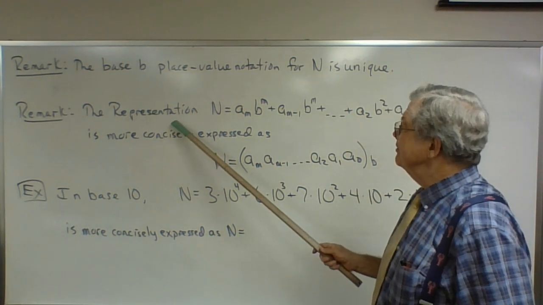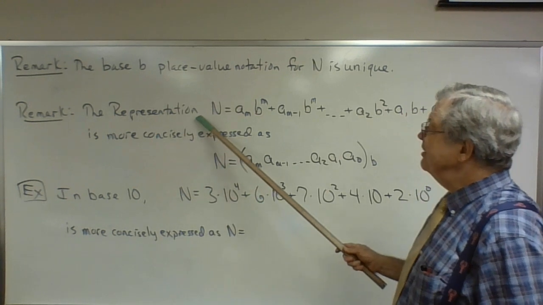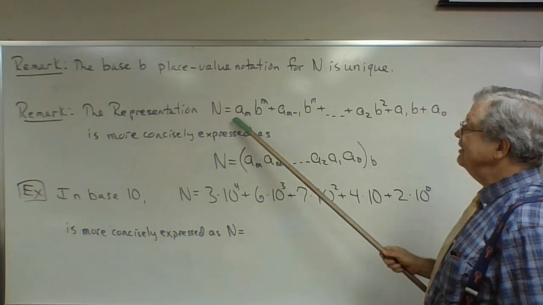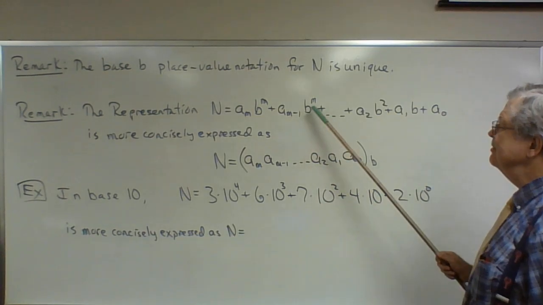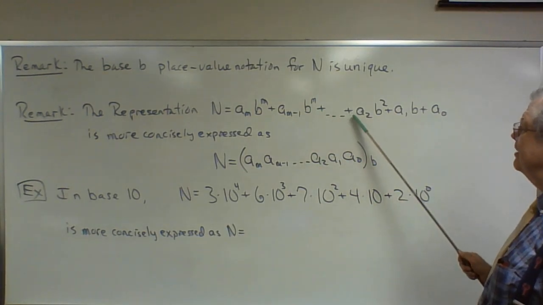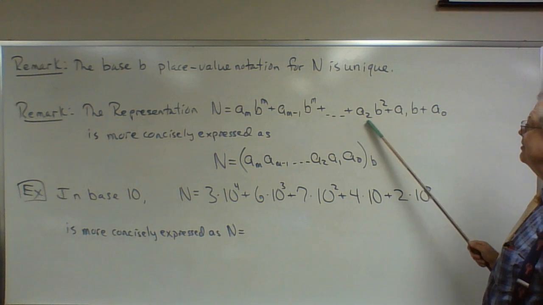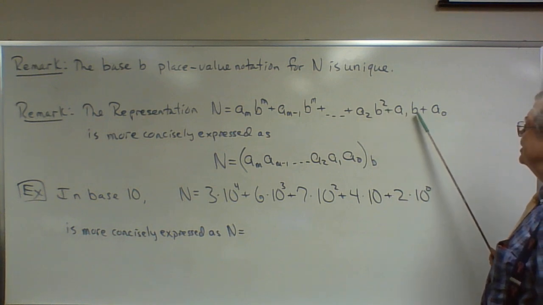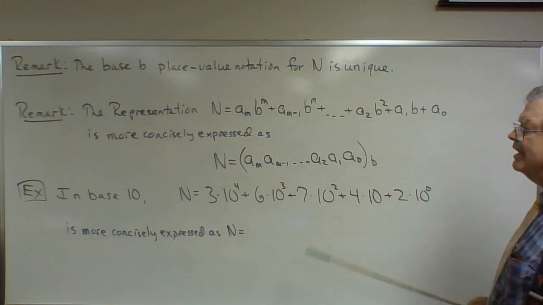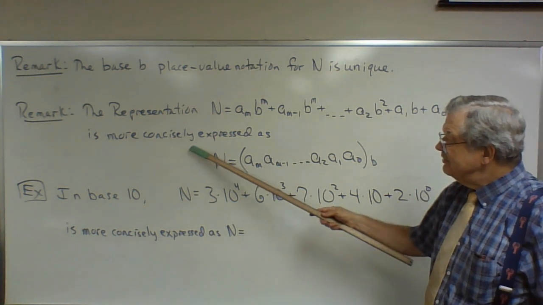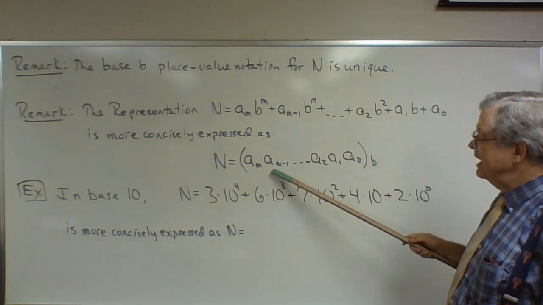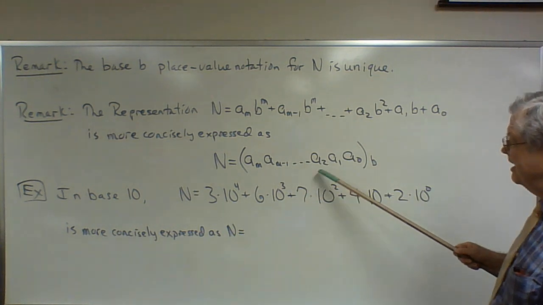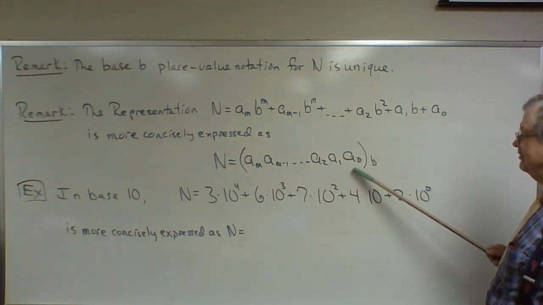The representation N equals a sub m, B to the m, plus a sub m minus 1, B to the m minus 1, and so on, plus a sub 2, B squared, plus a sub 1, B, plus a sub 0, is more concisely expressed as a sub m, a sub m minus 1, dot dot dot, a sub 2, a sub 1, a sub 0.